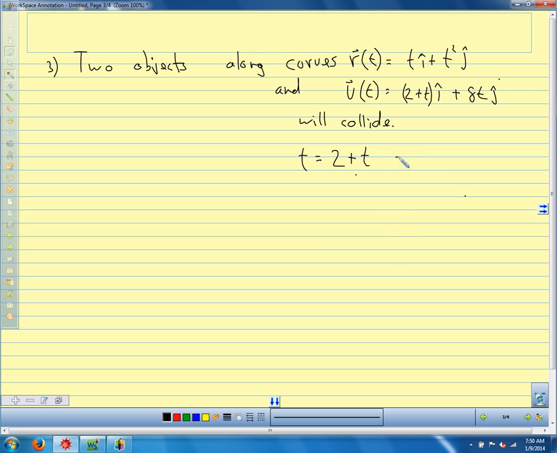And what does this tell us? If I solve this, what do I get? 2 equals 0. Can we ever have that? You can make it work, we could make it work, we'd have to move along the imaginary axis. So this is going to be false. Our components would have to be equal in order for these to collide, so this is going to be false.